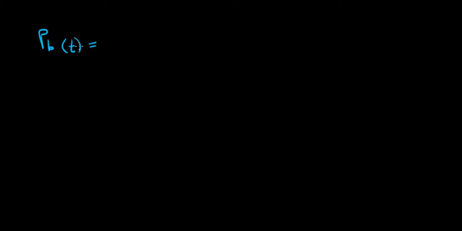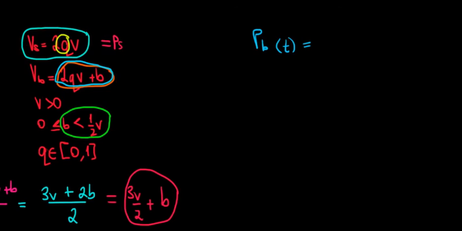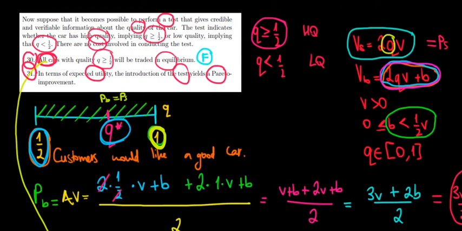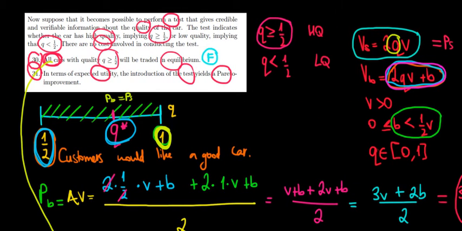That would also be equal to the average valuation, and for that we also need the valuation function of the buyer, which is given over here. So let's keep it right next to us so that we can use it. That would be equal to 2 multiplied by the minimum quality, which, as we said, would be 1 over 2 from the graph over here, the end point, this one, that would be 1 over 2.